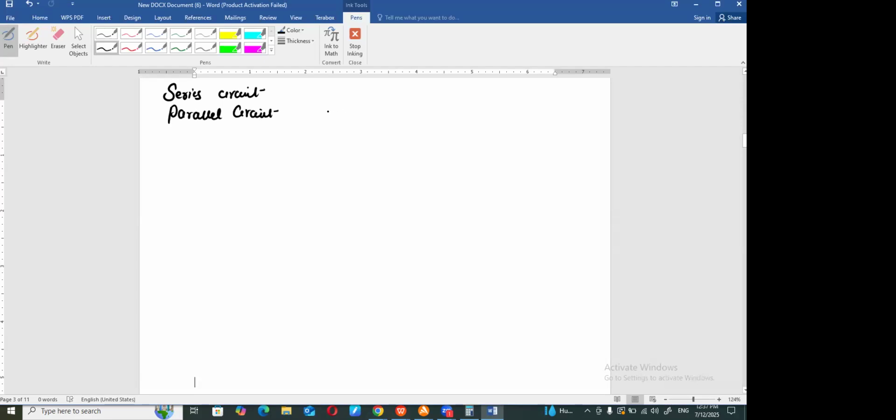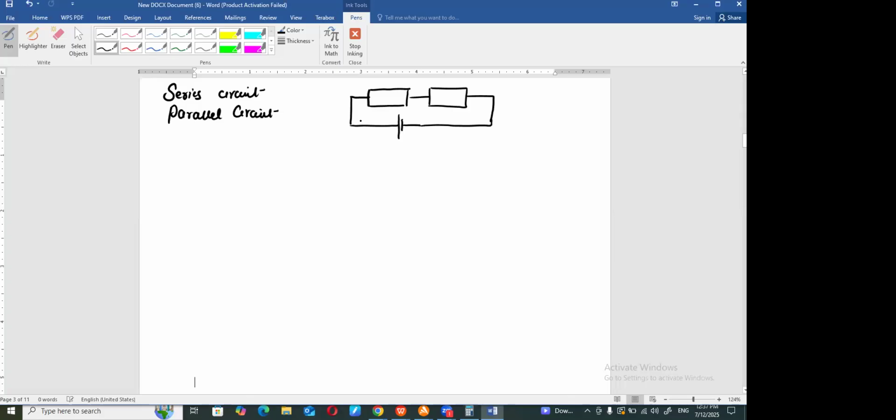Now, what is a series circuit? We have seen the symbols related to that. In a series circuit, say these are two resistances, connected neck to neck, and along with that you will have a battery.